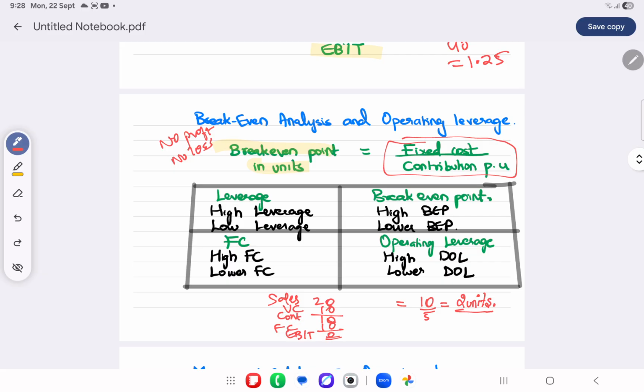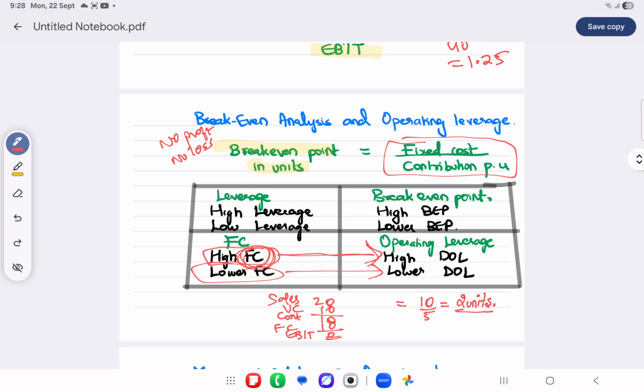How do we compare it with leverage? See, you know that higher the fixed cost, there will be higher operating leverage. Lower the fixed cost, there will be lower operating leverage. Because fixed cost is something which is responsible for the operating leverage, because it does not change, which affects disproportionate change in the two financial variables.